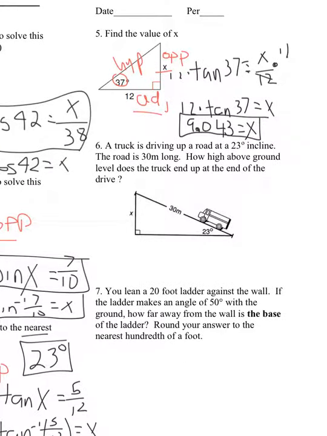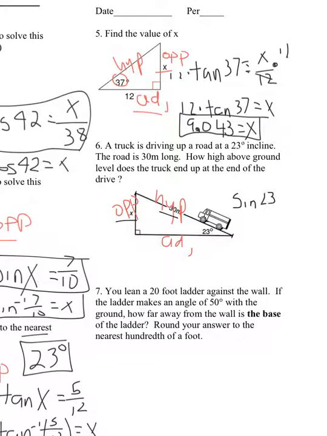All right, number 6, a truck is driving up a road at a 23-degree incline. The road is 30 meters long. How high above the ground level does the truck end up at the end of the drive? So again, they put in a word problem, but in the end, it's just trig. So from our 23-degree angle, you have opposite, hypotenuse, adjacent. Hypotenuse and opposite have information. Again, that's sine.